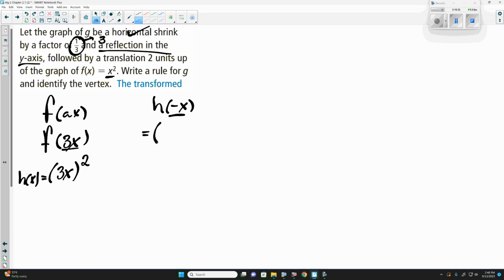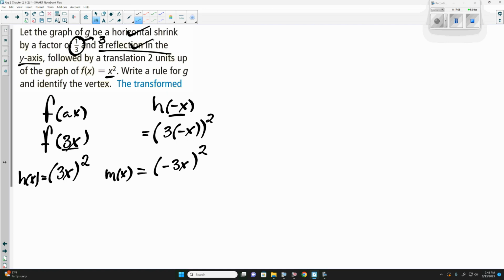So we'll still have the first parenthesis. We'll still have the 3, but instead of x inside the parentheses with the 3, we now have negative x. And our 3 times negative x is negative 3x squared. So we can say m of x is negative 3x squared.